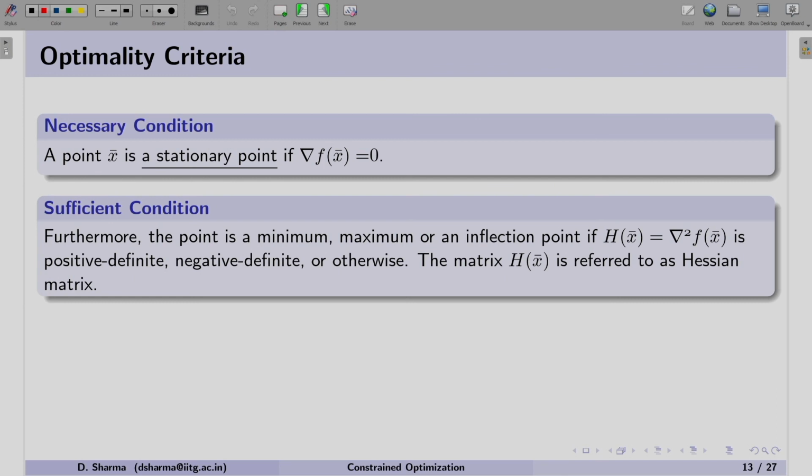Thereafter, the sufficient condition says that the point x bar is a minimum, maximum or inflection point depending on the Hessian matrix, denoted by H. This Hessian matrix can be positive definite, negative definite, or otherwise. Based on the Hessian matrix, we can find out whether the stationary point is a minimum, maximum or an inflection point.